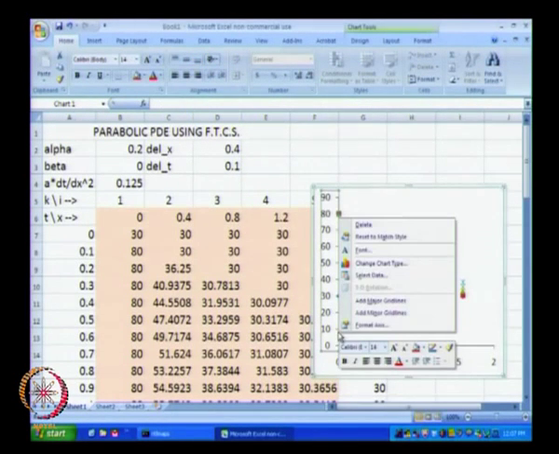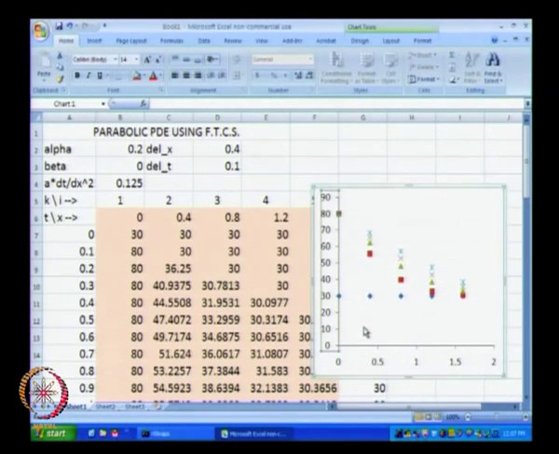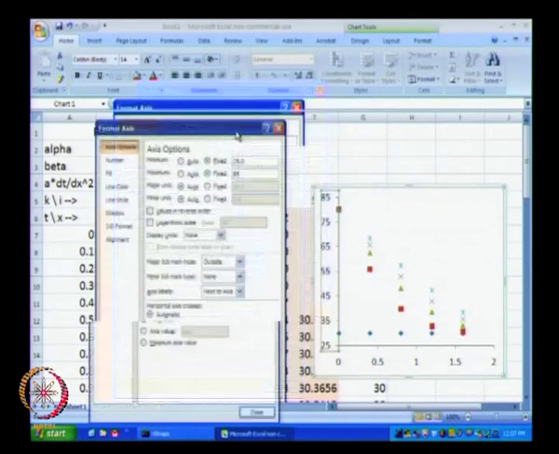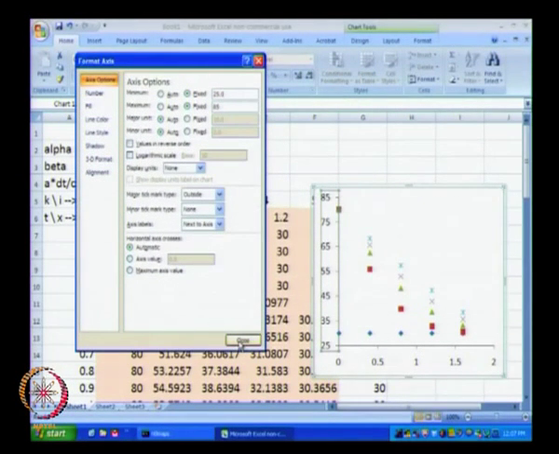We will go there, right click, format axis, and we will start the axis at say 25, and we will end the axis at say 85. We know for sure that the temperatures are not going to go beyond 25 and 85. So that is what we will do.